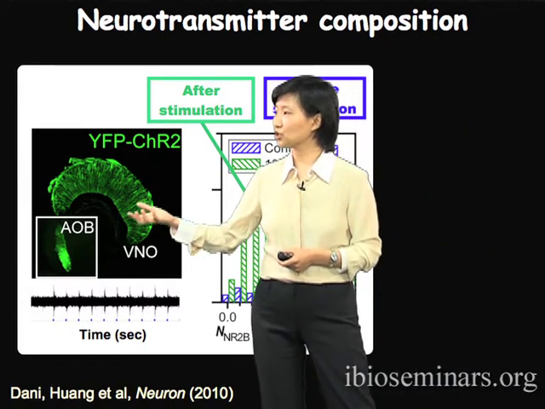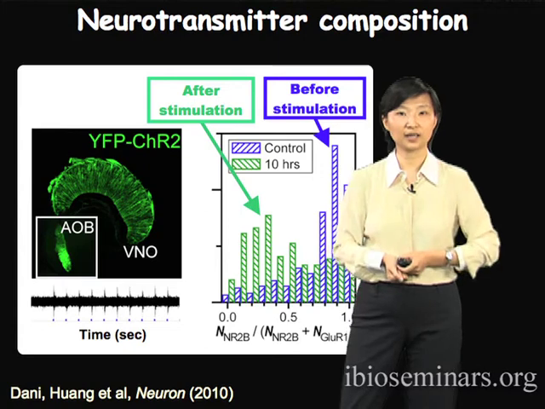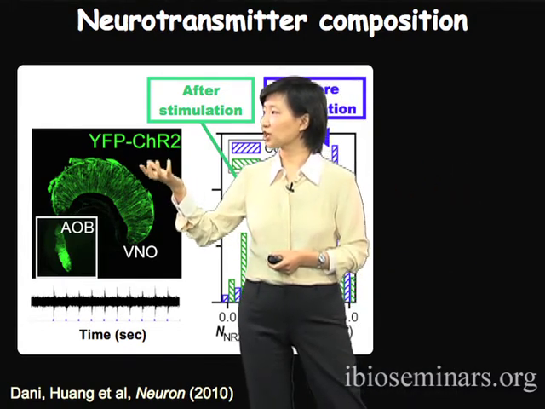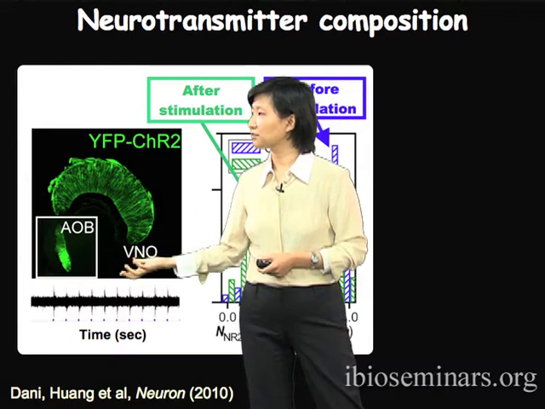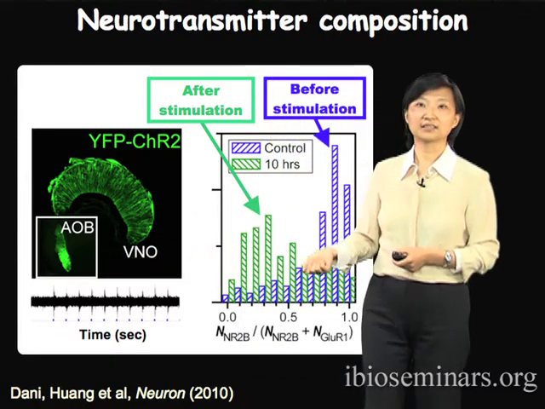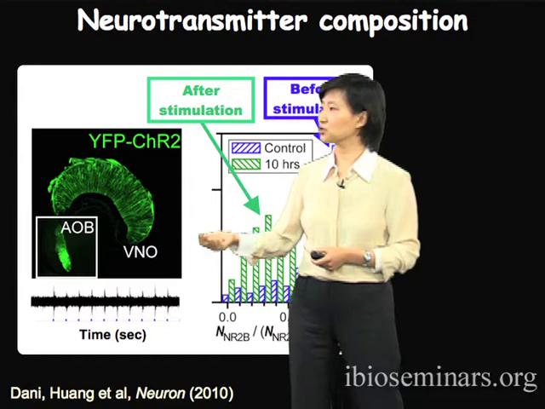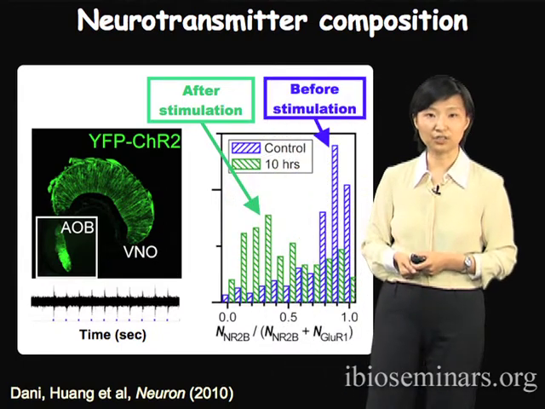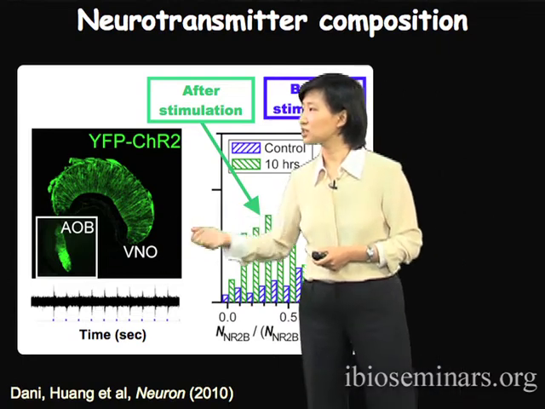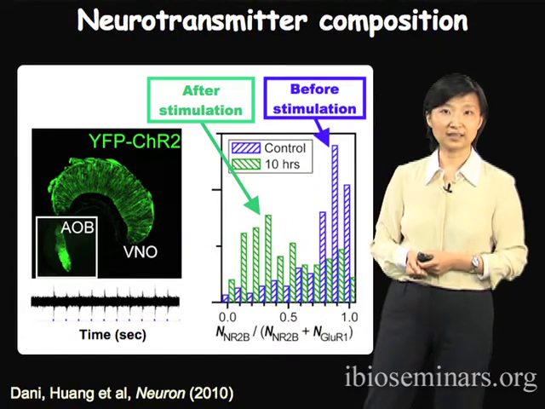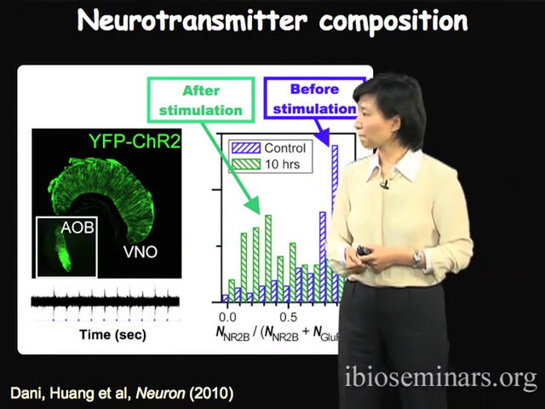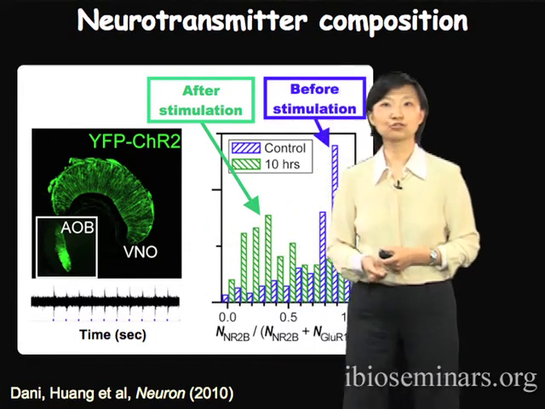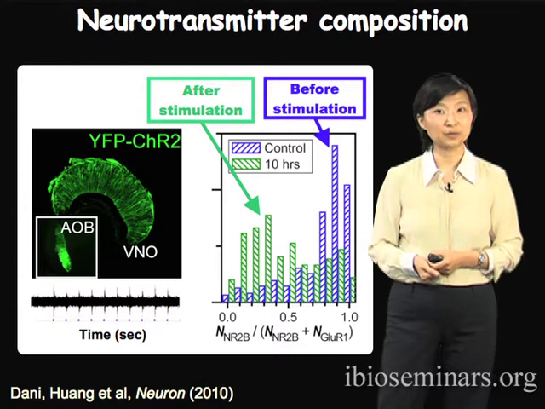So here we took advantage of a mouse line that is expressing channelrhodopsin in the vomeronasal organ sensory neurons, which synapse with mitral cells in the accessory olfactory bulb. And this mouse line is generated by my colleague Venkatesh Murthy's lab. And then we use light to stimulate these AOB synapses.